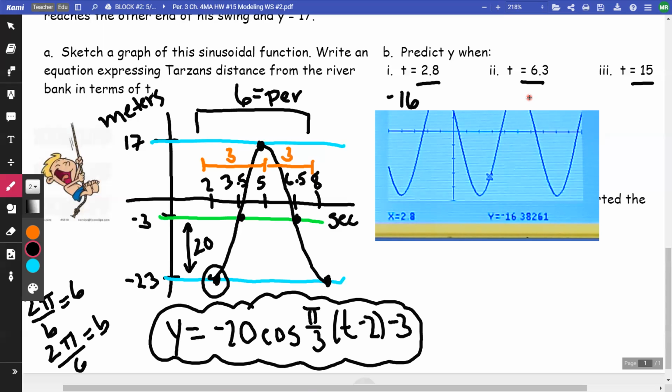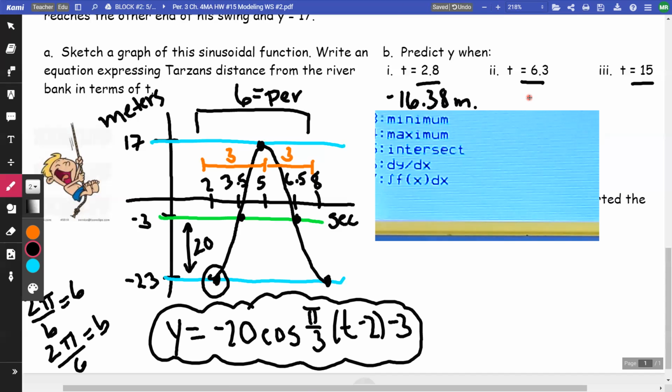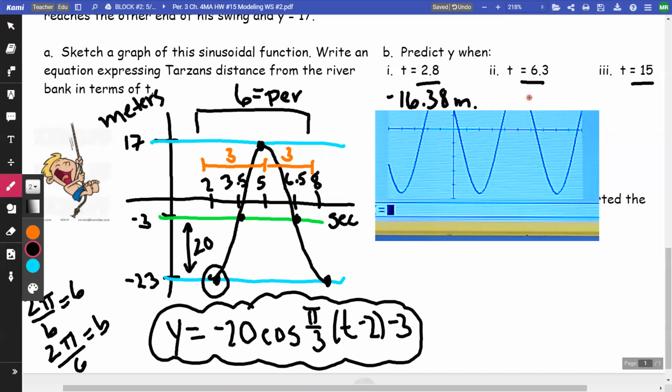So negative 16.38 meters. Second and trace again. And this time 6.3. And that is going to be at 1.16 meters.